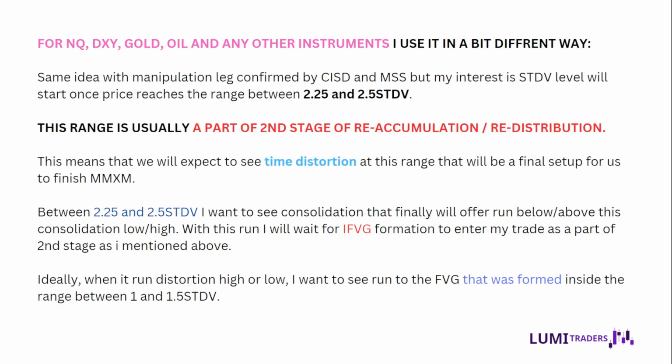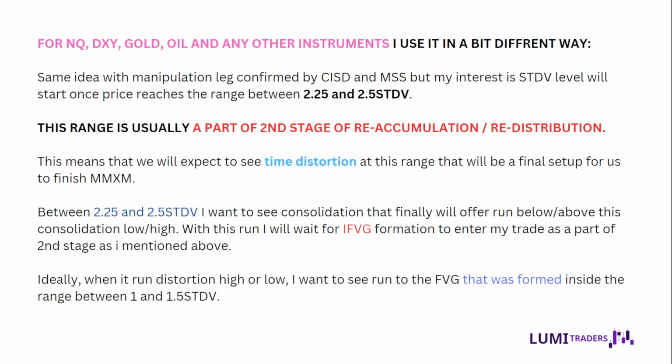This means that we will expect to get time distortion at this range between, once again, 2.25 and 2.5 standard deviation. And this time distortion setup at this range between these two levels will be the final setup for us to finish the market maker model.